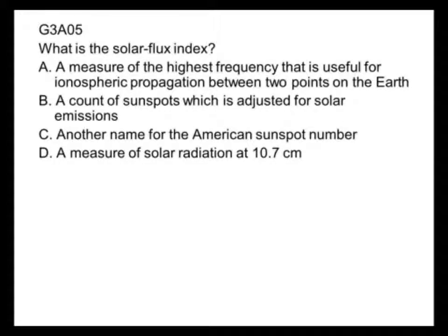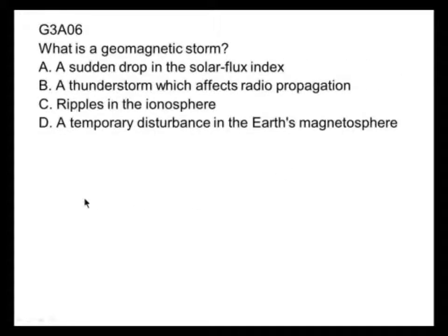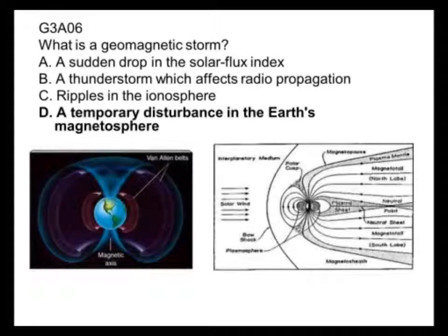What is the solar flux index? It's a measure of the solar radiation at 10.7 centimeter wavelength. This is the actual answer on the test. What they're referring to here is the length of the radio wavelength. What is a geomagnetic storm?